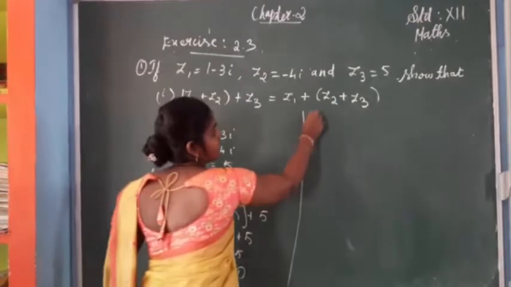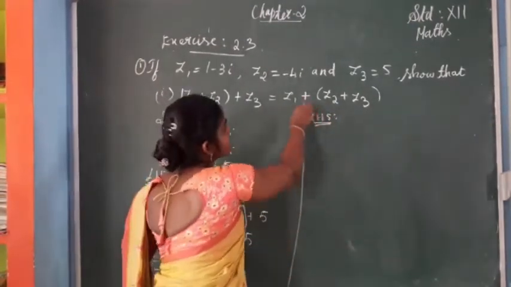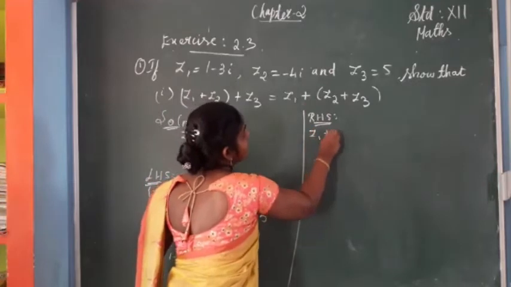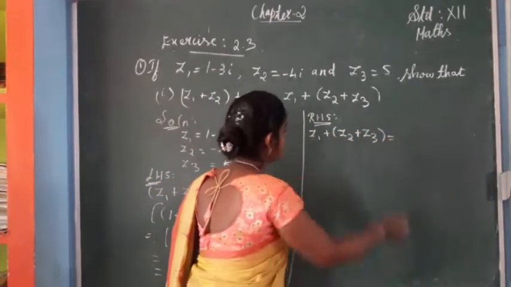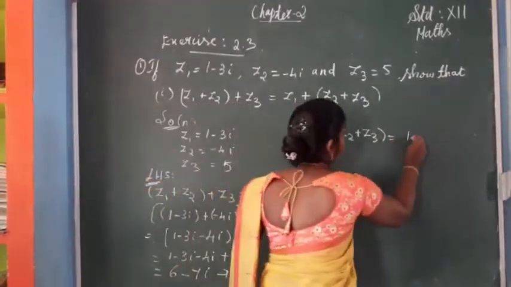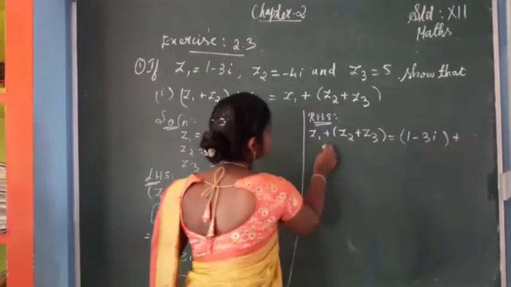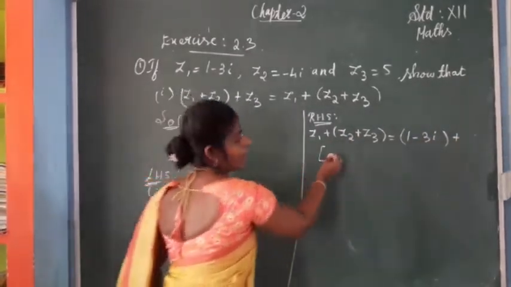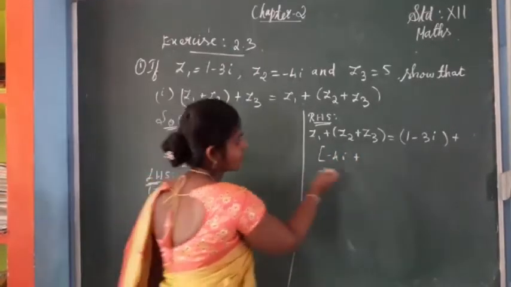Then we have to take the RHS value. RHS z1 plus z2 plus z3 is equal to, substitute the values: z1 value 1 minus 3i, plus z2 value minus 4i, plus z3 value is 5.